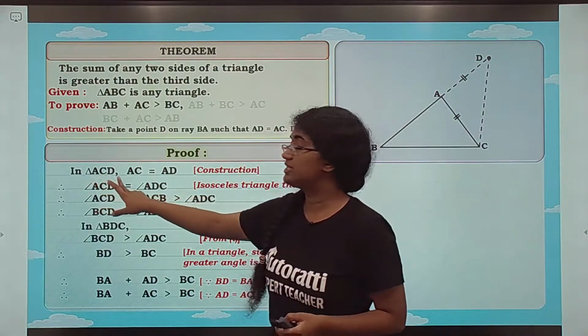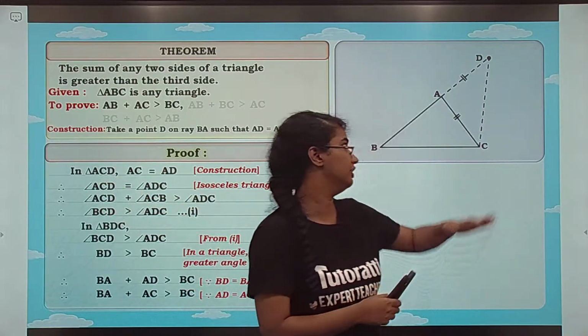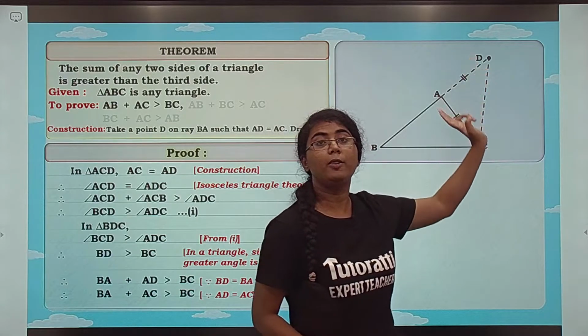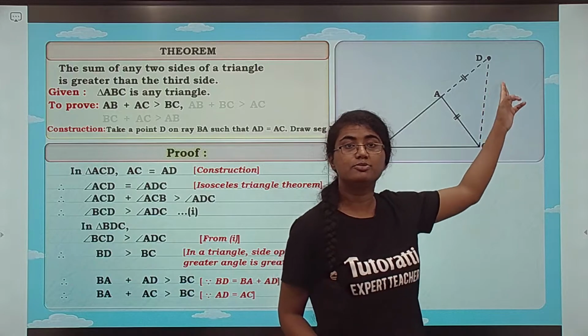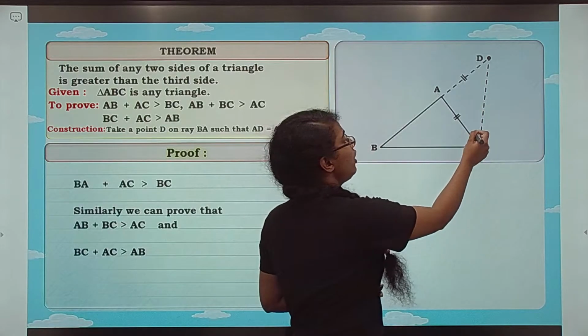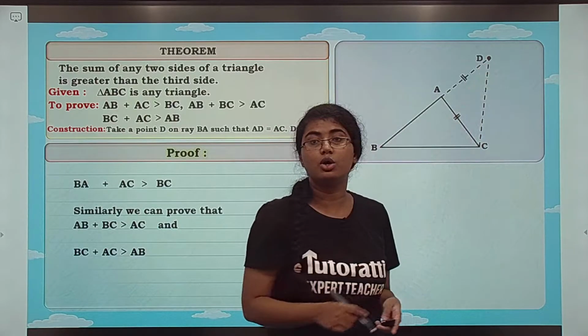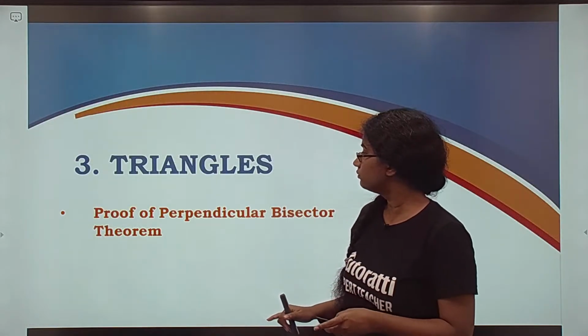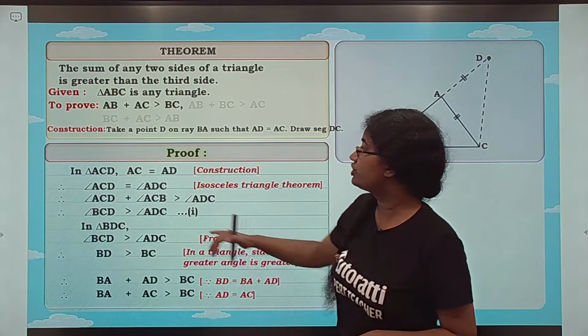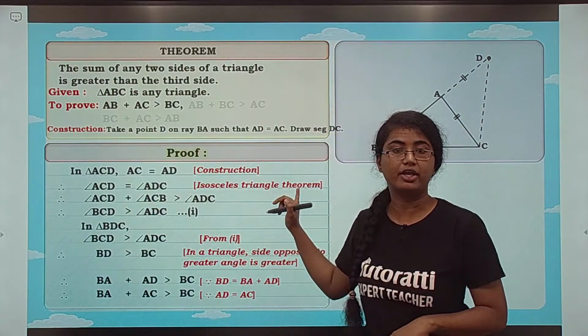Go to triangle ACD. In this triangle, यहाँ पे the two sides are congruent. So this becomes an isosceles triangle. The angles opposite, so these two angles are also congruent by the isosceles triangle theorem.